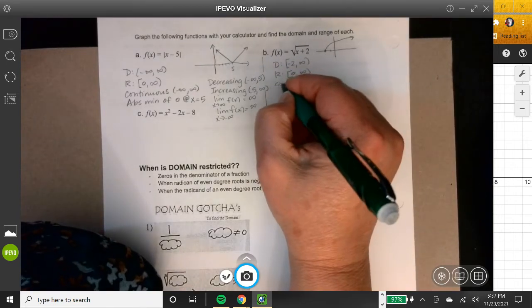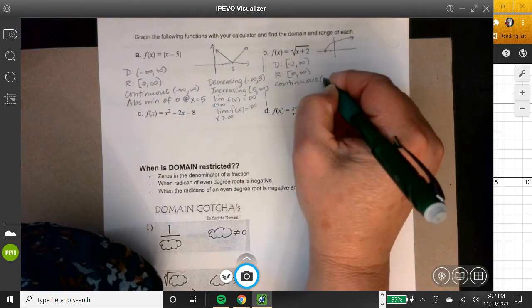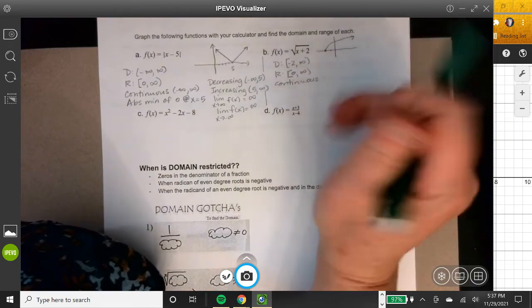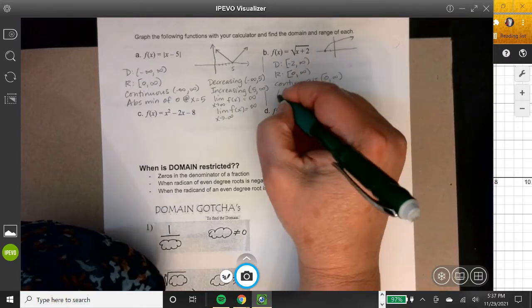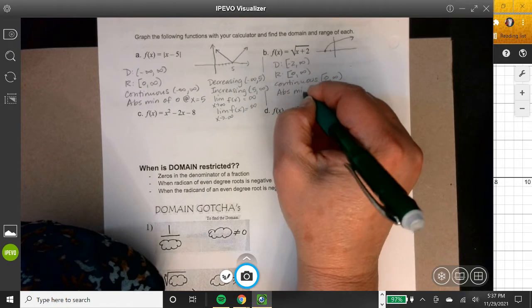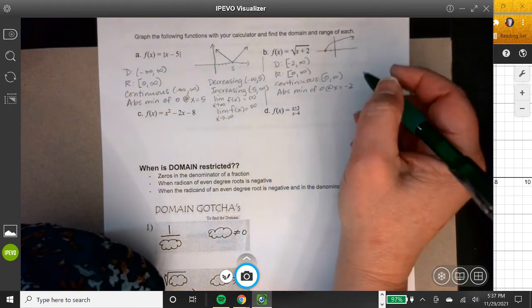This one is continuous. I'm going to put a bracket here, from 0 to infinity. And it has an absolute min of 0 at x equals negative 2.